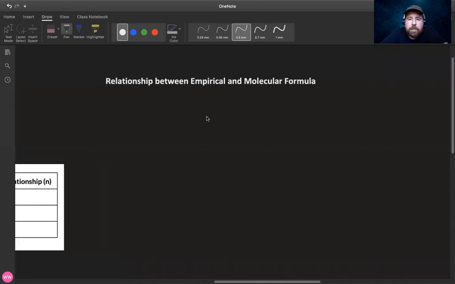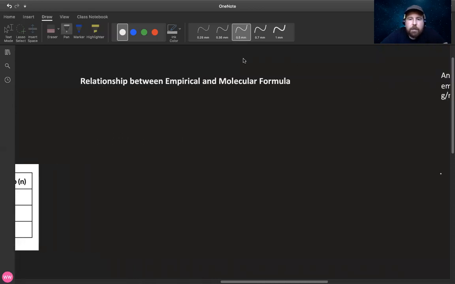That relationship is specifically this unofficial equation here. If you notice, there is a whole number. We went over that whole number relationship between the empirical and molecular formula. That's also going to be related to the masses.